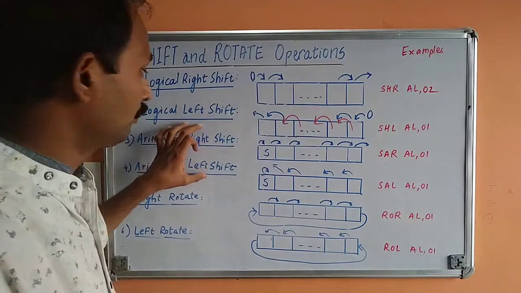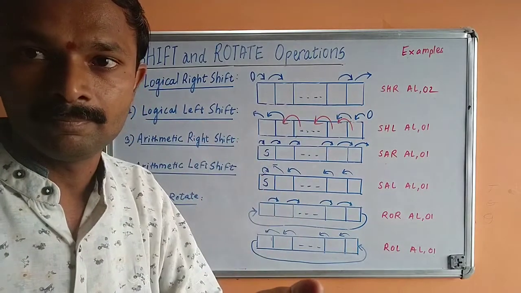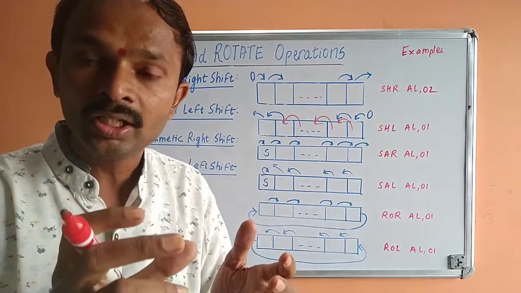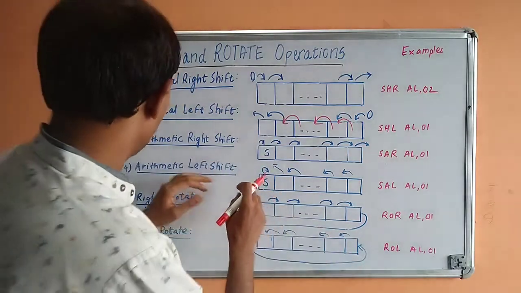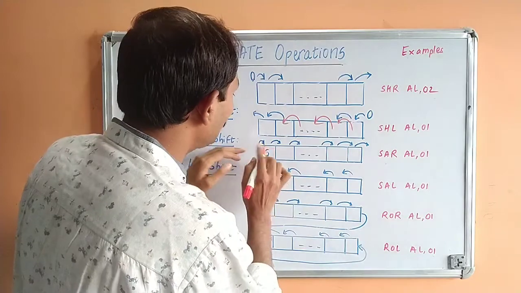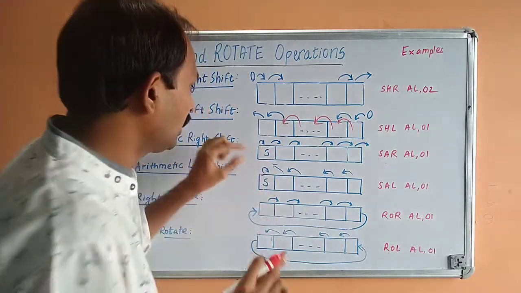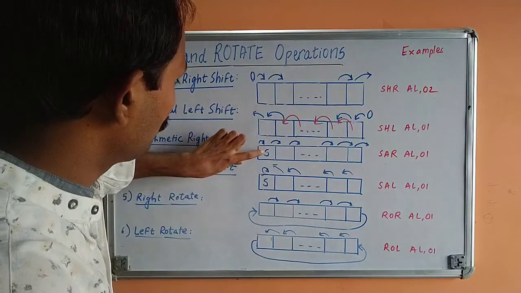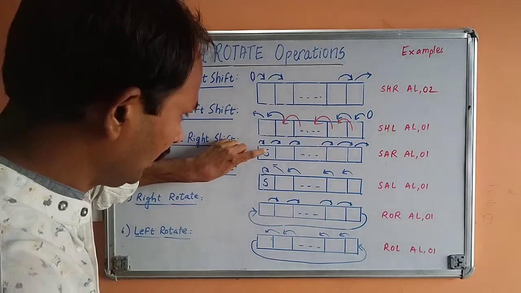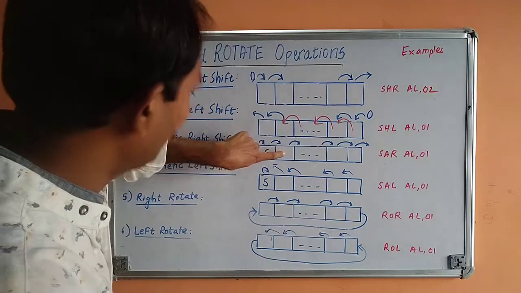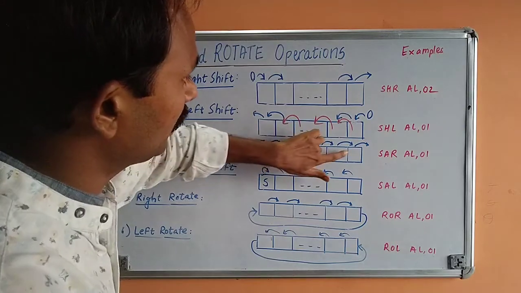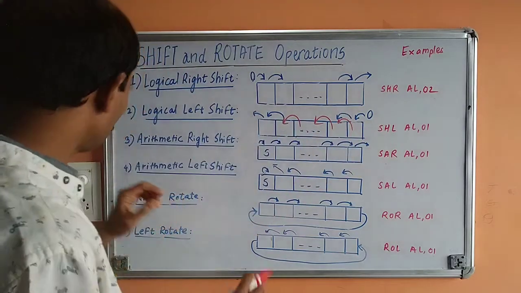In arithmetic shifting we preserve the sign bit, because by shifting, the sign of the number should not change. Here the sign bit is preserved. You can observe the arrow over here carefully. We keep the bit here itself, and again transfer the bit to the right-hand side, again by 1 bit, again by 1 bit, and so on.